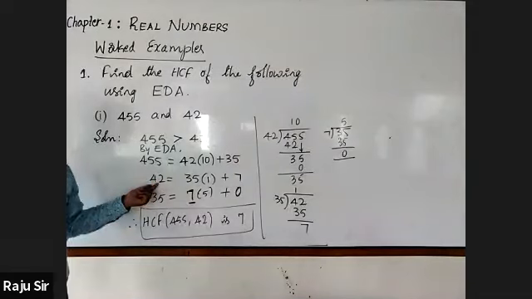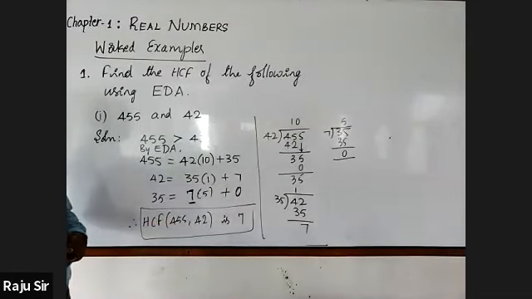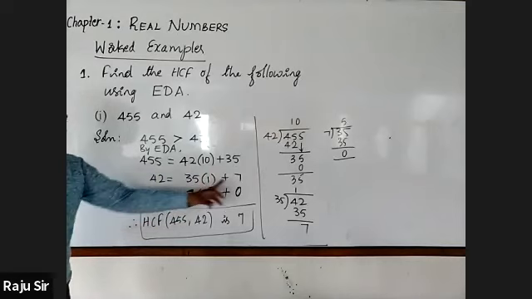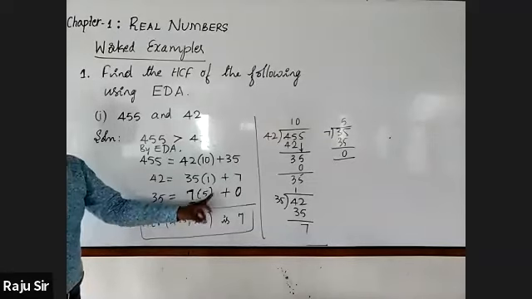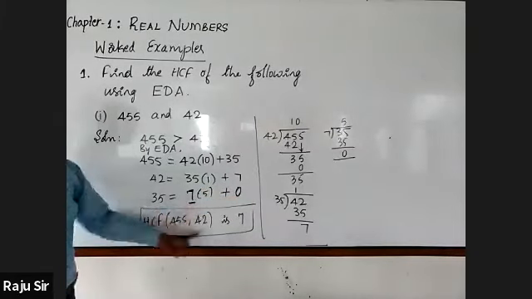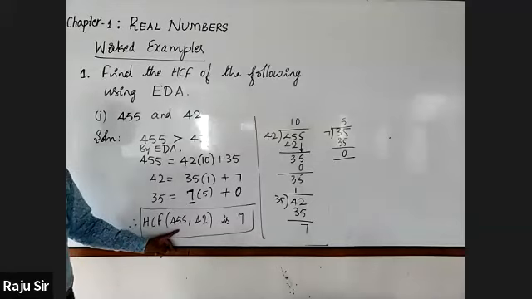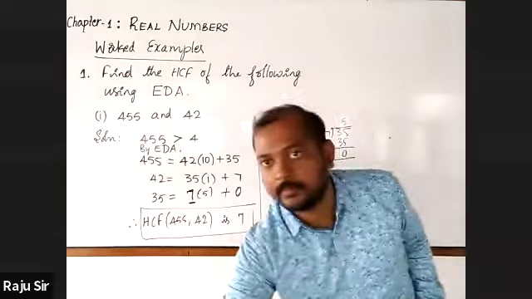Next, 42 equals 35 ones plus 7. Again the remainder is not equal to 0, hence we write 35 as 7 fives plus 0. Now the remainder is 0. Therefore, the divisor 7 is the HCF. Write this conclusion: therefore, the HCF of 455 and 42 is 7.